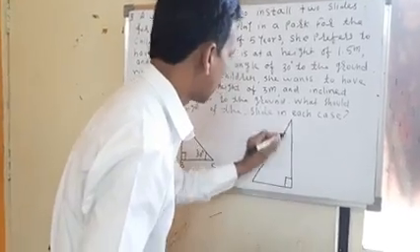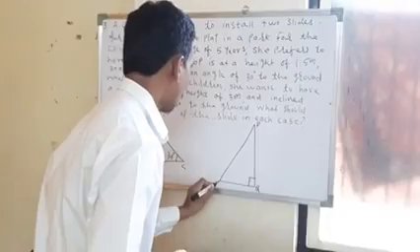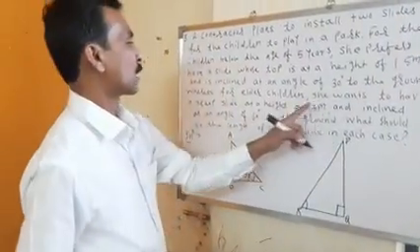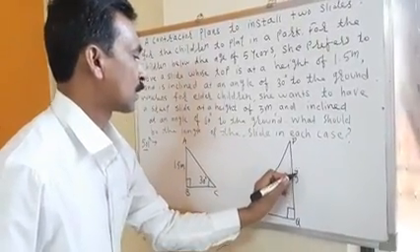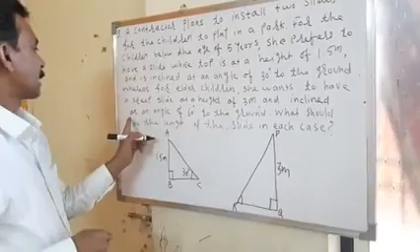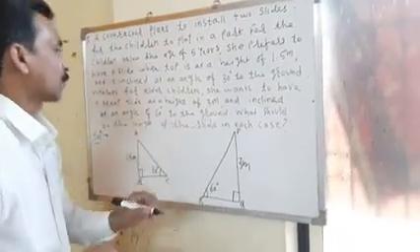This is 90 degree. We'll call this as P, Q, R. What is the height? Yes, this is 3 meter and it is inclined at an angle of 60 degree.